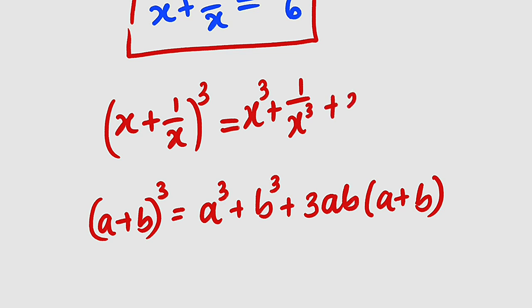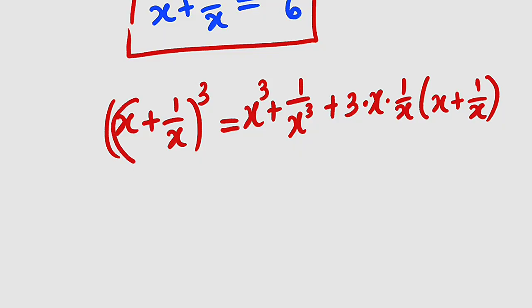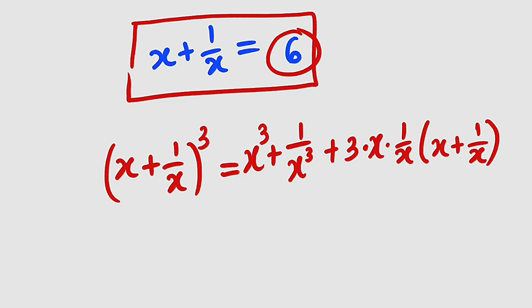then plus 3, which is this one. Then you take a, which is x, you multiply by b, which is 1 divided by x. Then you also add a and b, right? That is x plus 1 divided by x. We know that x plus 1 divided by x is equal to 6 from here, right?